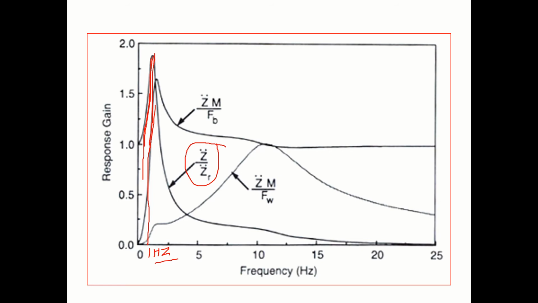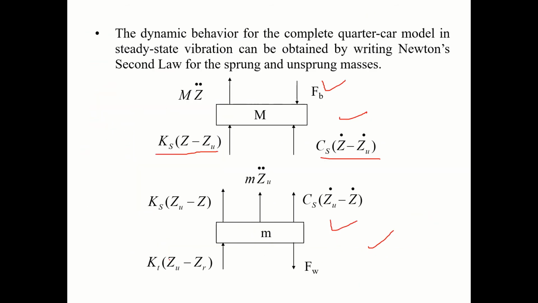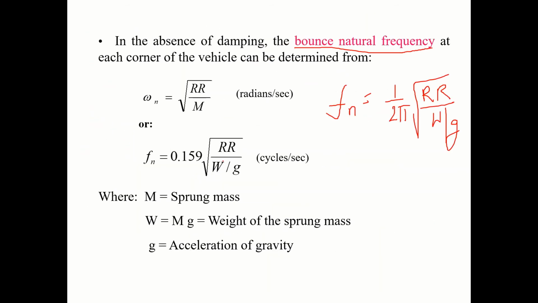Please note that while designing the vehicle, we always keep the natural frequency of the vehicle at 1 Hertz. This I have explained when I did the introductory topic. That corresponds to something I have said, around 10 to 15 kilometer speed of the vehicle.